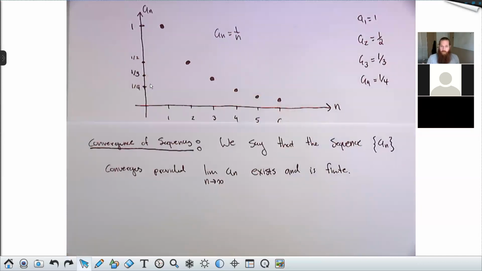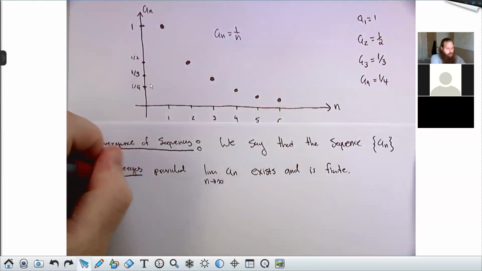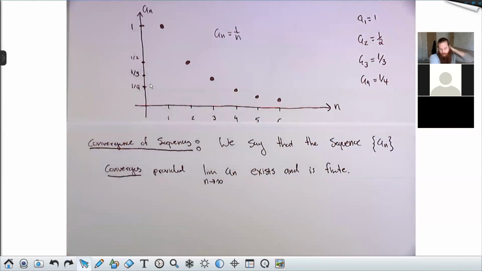So kind of similar in a sense to the improper integral thing. You have an infinite process leading to a finite result. That's what it means for the sequence to converge. But of course, very different than improper integrals, because here I'm not talking about area, I'm not talking about integrals, it's a whole different ballgame. But we still use the word converge.